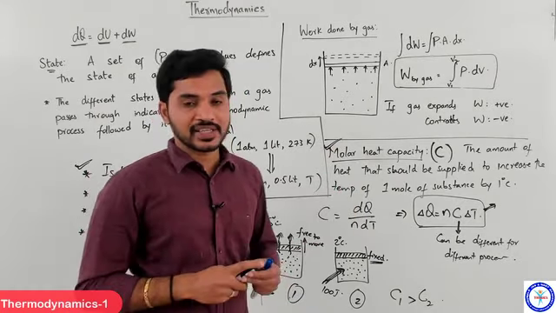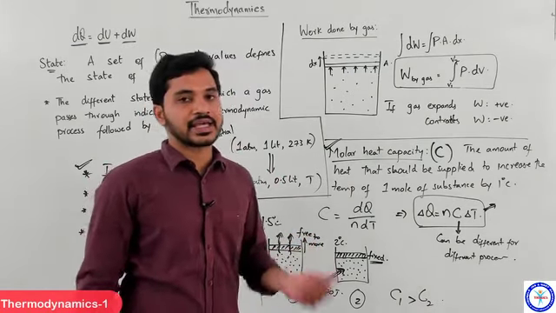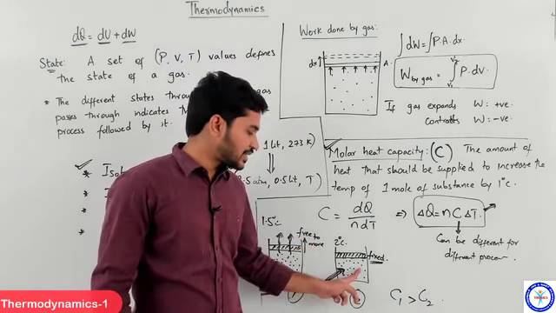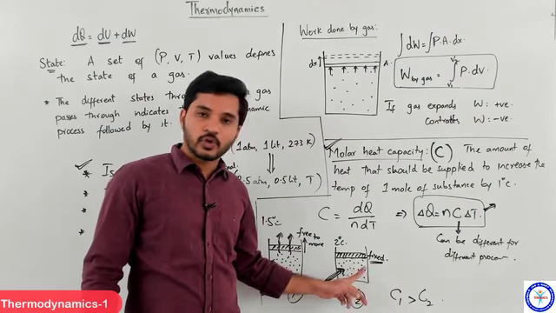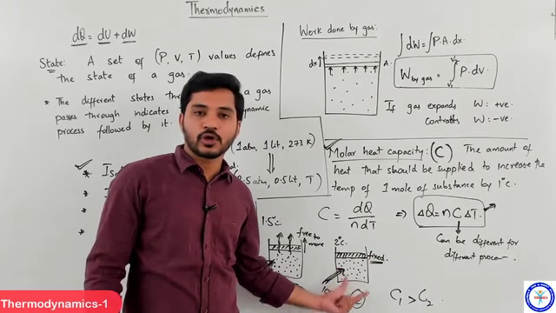So molar heat capacity of a gas will depend on the type of process that the gas is undergoing. So here the gas is undergoing an isochoric process, because I am fixing the piston, which means I am keeping the volume constant.